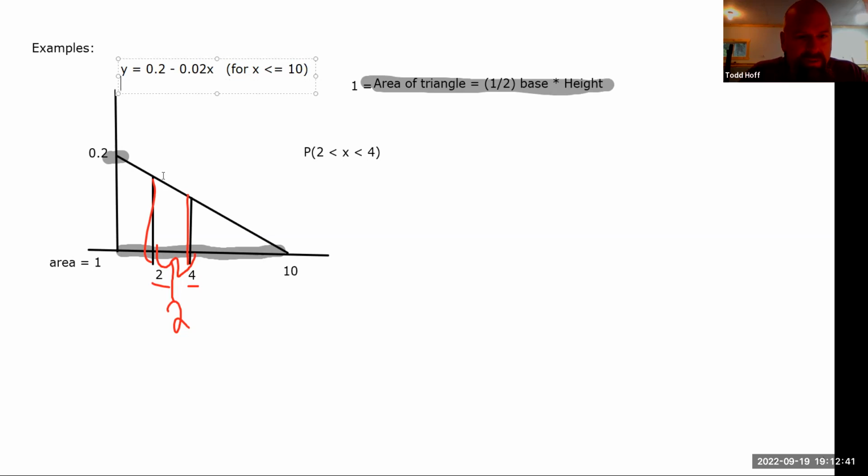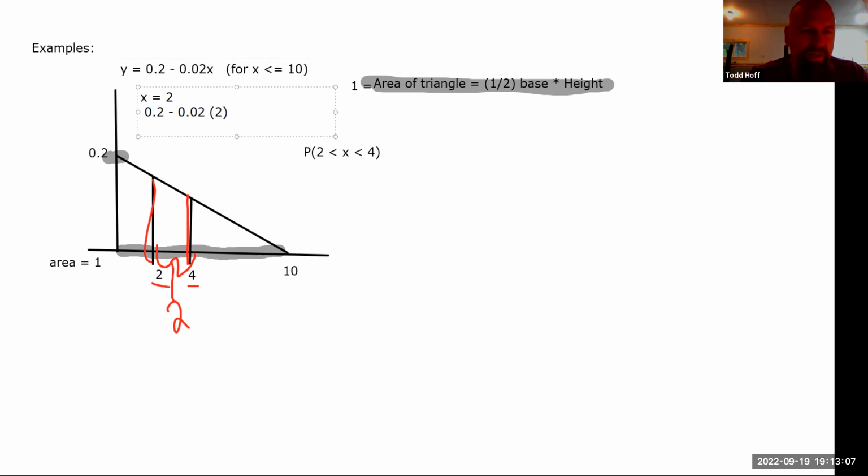So either way, let's look at the height here. If it's at 2, 0.2 minus 0.02 times 2. Well, 0.02 times 2 is 0.04.